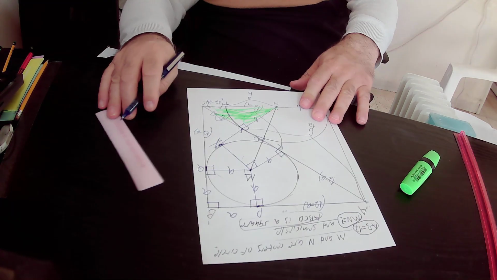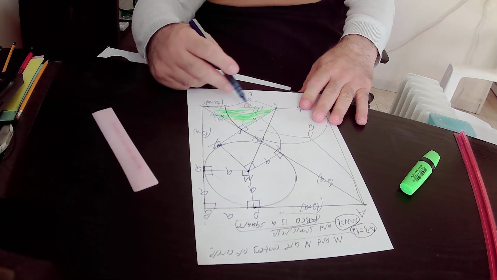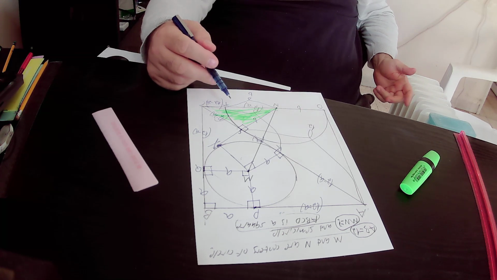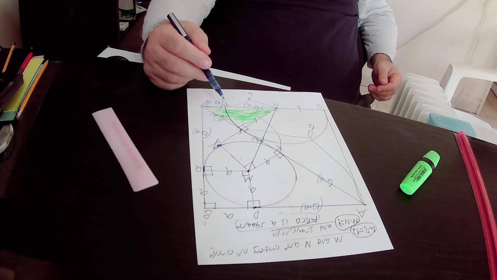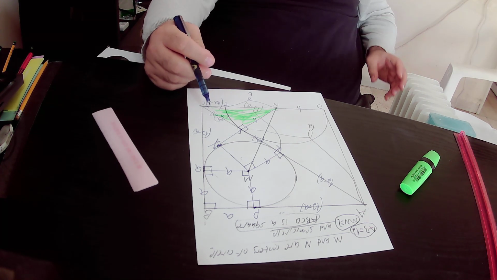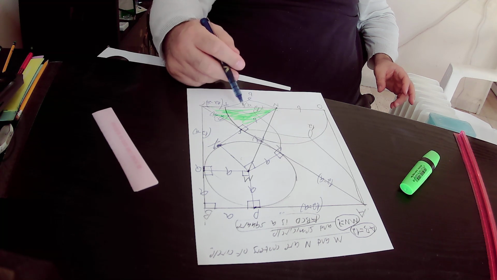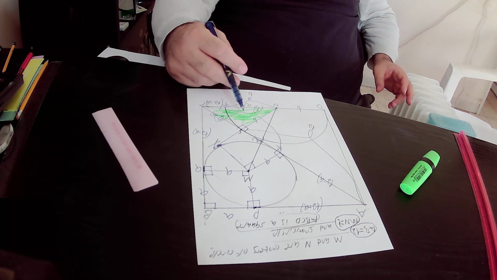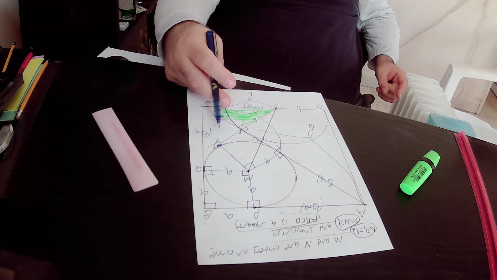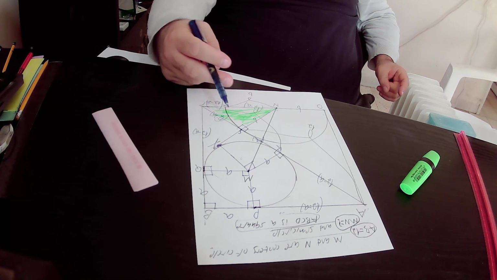Actually, NS is the radius of the semicircle. It is absolutely a straight line. NS is a straight line, and when we extended the straight line NS by a straight line, it will still be a straight line.